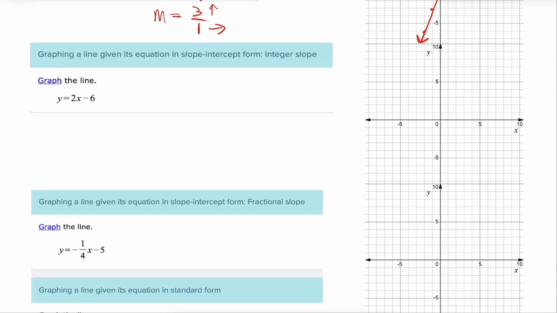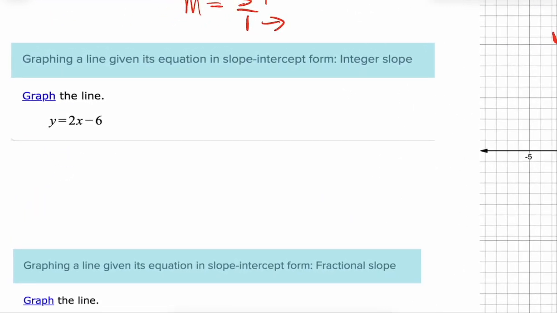Okay, let's look at this one. y equals 2x minus 6. Now they've mentioned in the instructions an integer slope. So our slope here is a whole number, an integer, positive or negative. The trick they want you to do when that's the case is to think about that as putting it over 1.